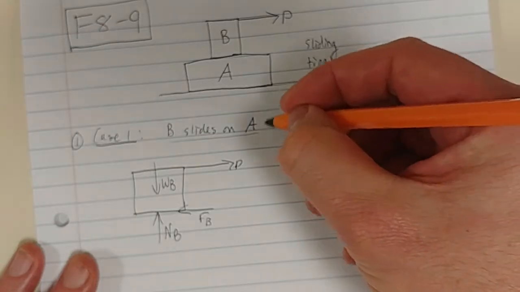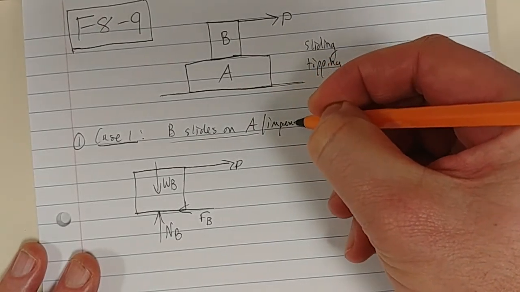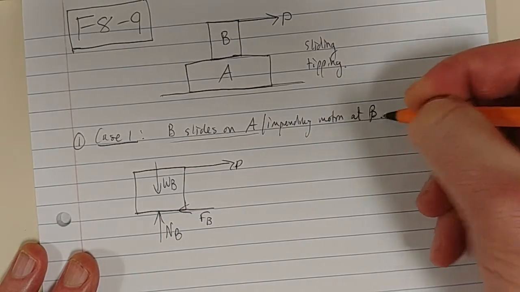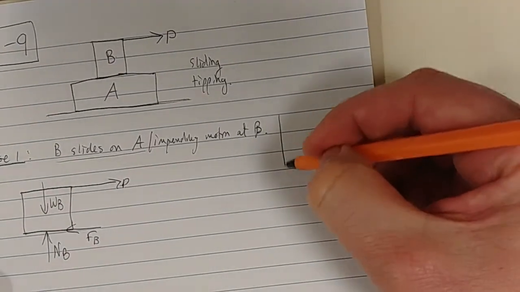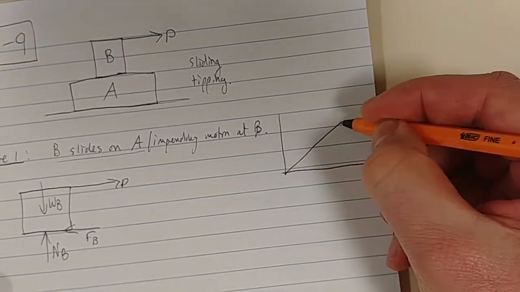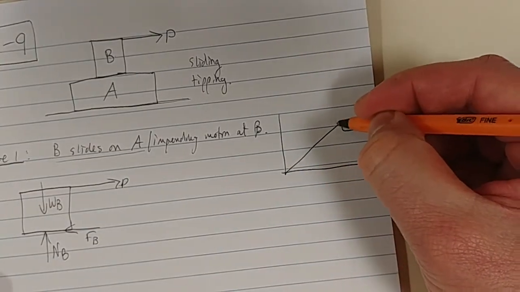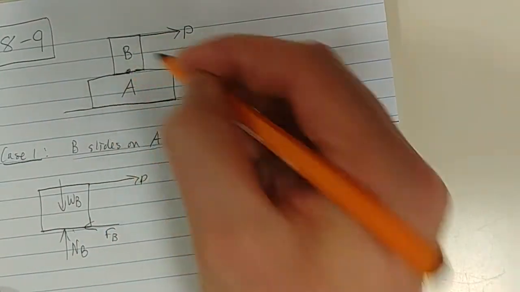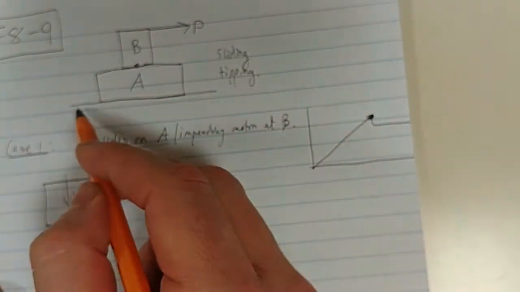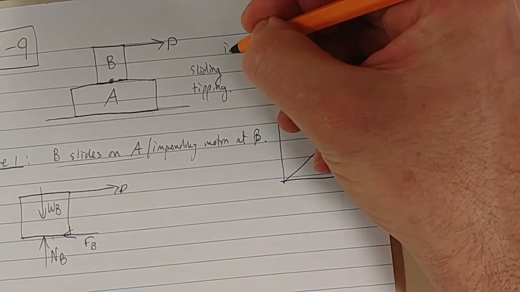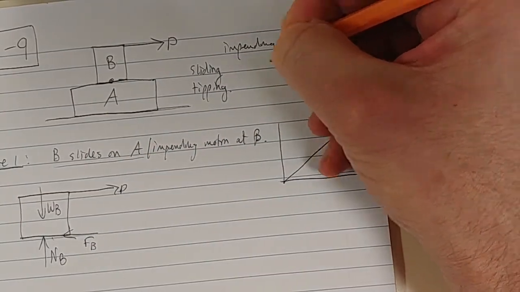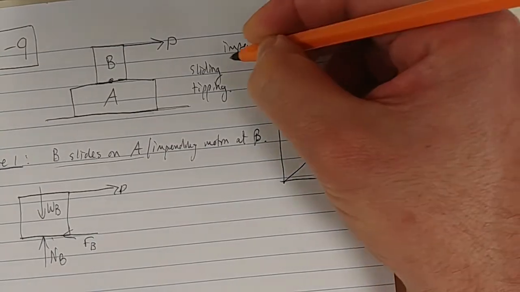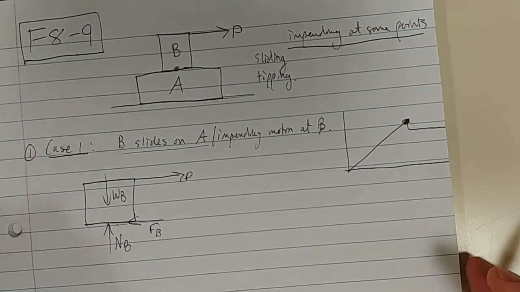It means impending motion at B. If we draw that graph, it means we're at that point at B, but we're not at that point over there. So we have impending motion at some points. That's essentially what we're testing here.